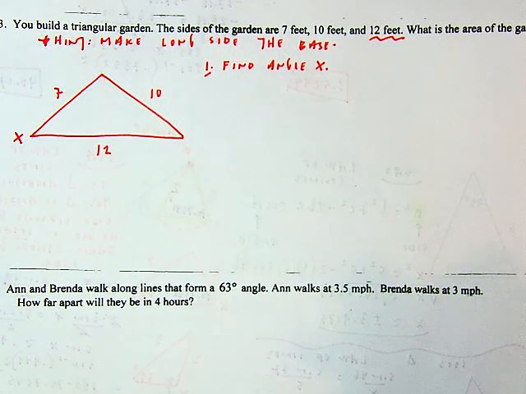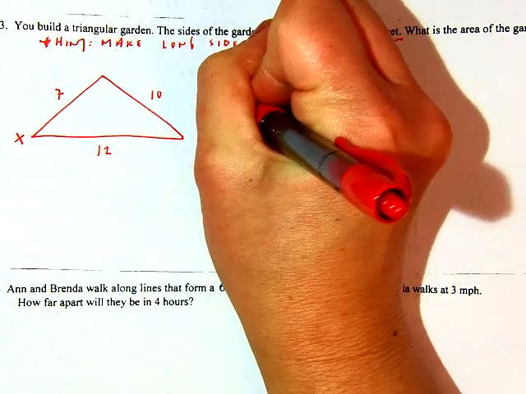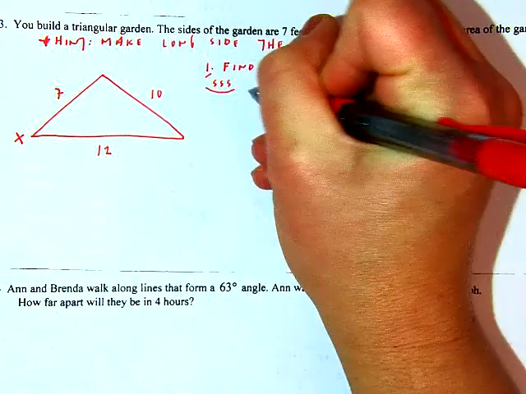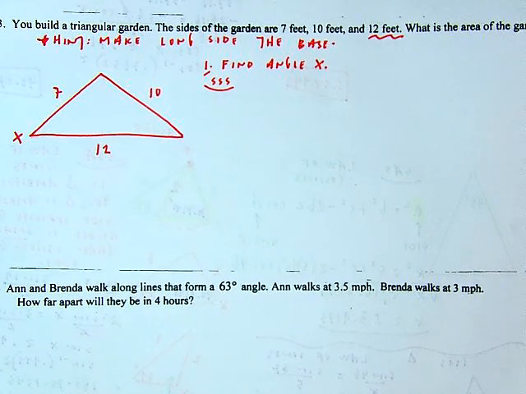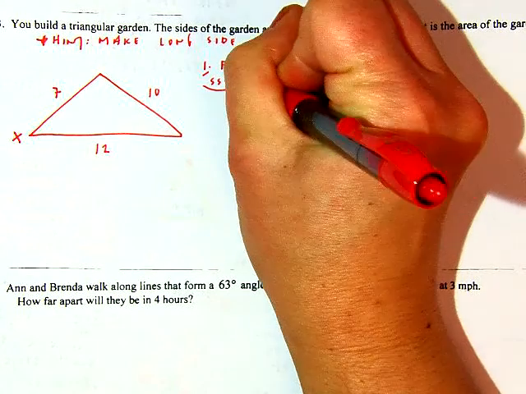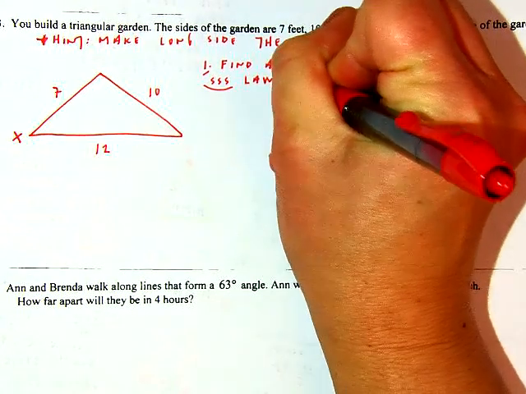If I look at what I have marked, I have three sides: side, side, side. So I do not have an angle with the side opposite. I have to use the law of cosines.